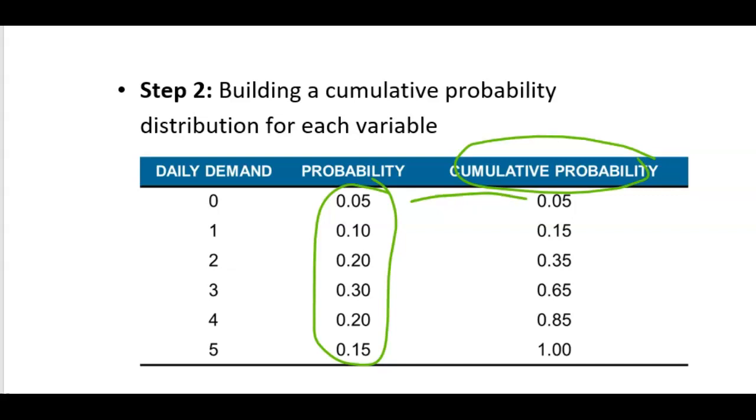Then when the daily demand is 1, you just take 0.05 plus 0.1, so the cumulative is 0.15. You repeat this calculation until we reach the total probability of 1.